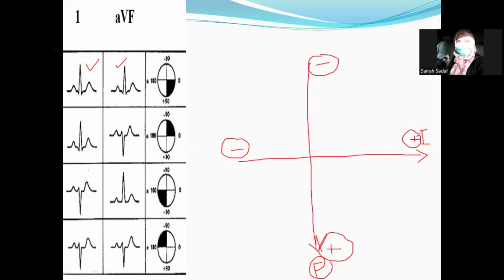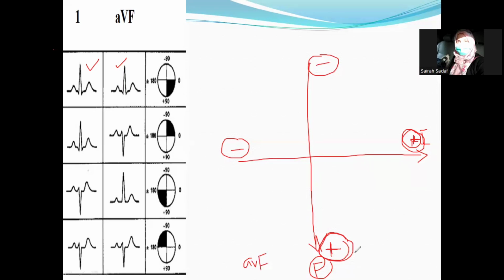As I have said, R wave is positive, R wave is positive. So where are the two positives here? This is the positive, see? And the other positive is of lead AVF, let me write here AVF. Okay, this is lead AVF.